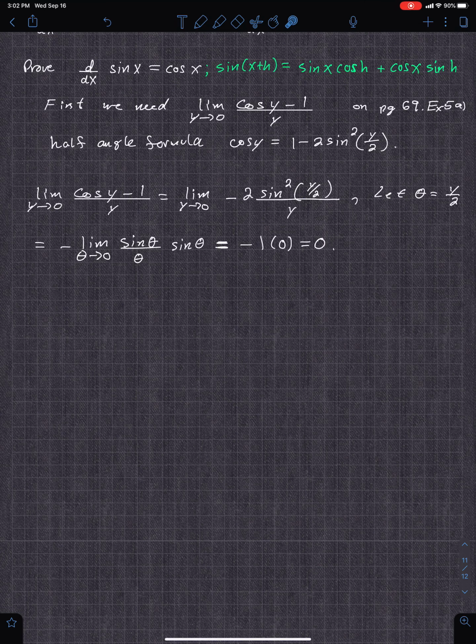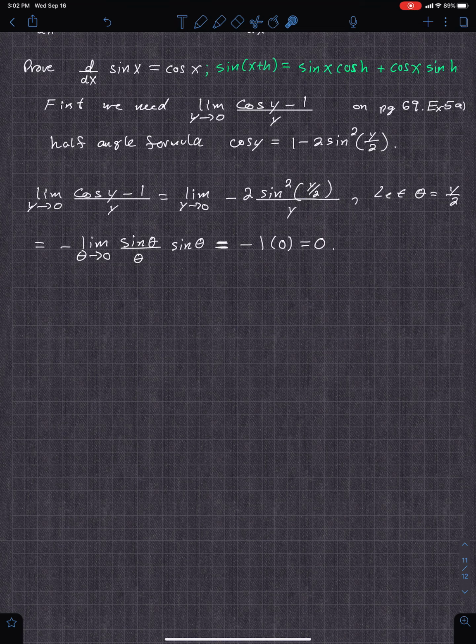If you substitute y over 2, this ends up being theta, and then this ends up being 2 theta, which reduces that 2. Once you do that substitution, the negative can factor out, and then you end up getting this nice form. Well, we know that limit of sine theta over theta is 1, and limit of sine theta is 0. So this ends up going to 0.